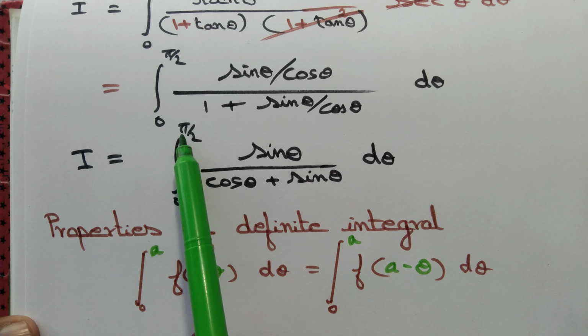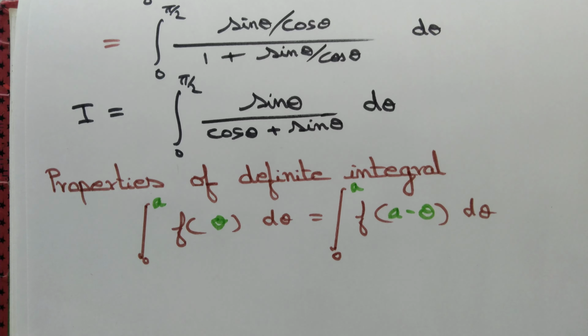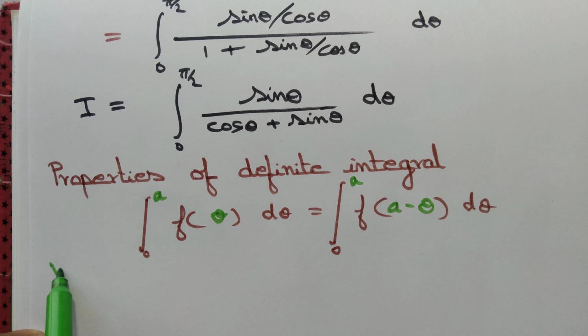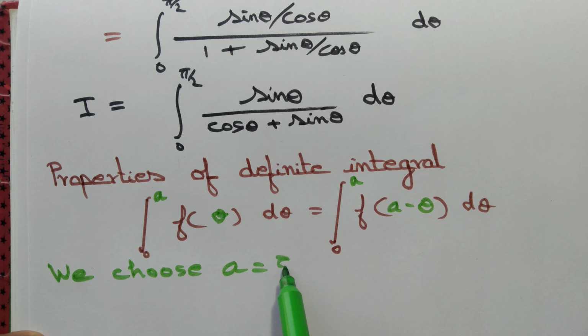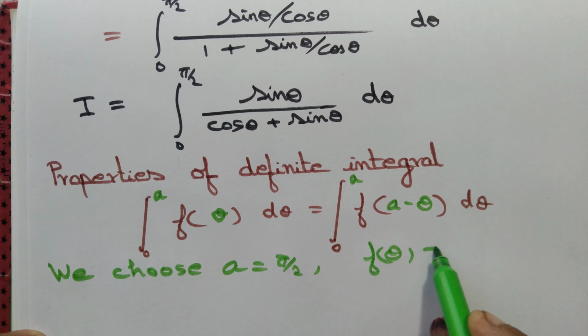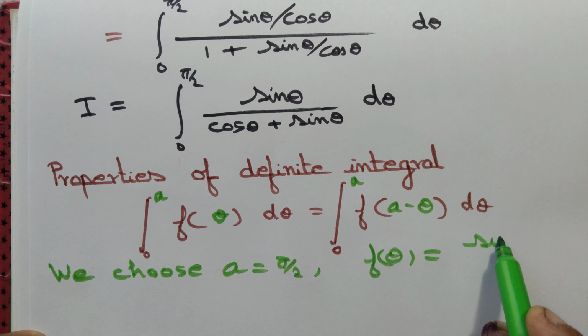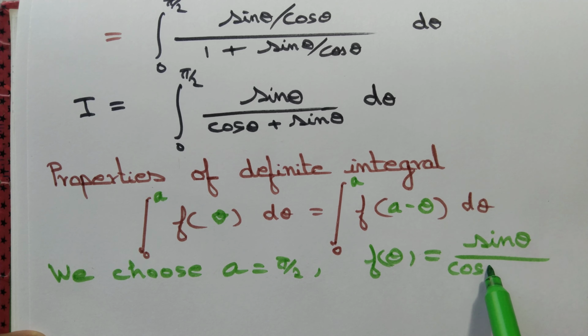We have 0 to pi by 2 and we want 0 to a, so we choose a equal to pi by 2 and f of theta equal to sine theta divided by cos theta plus sine theta.